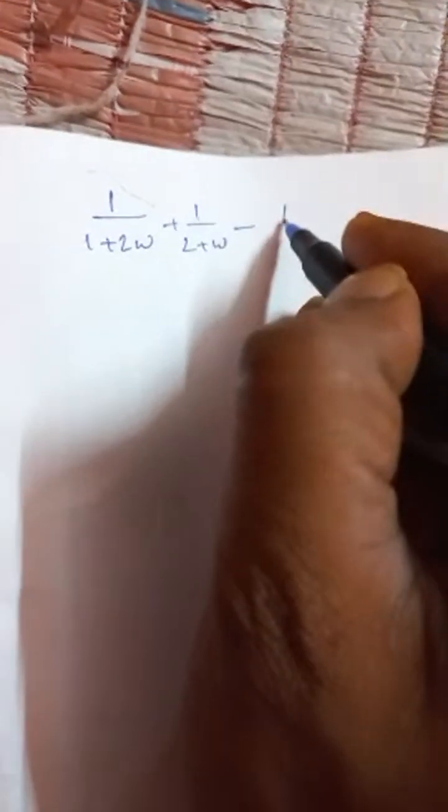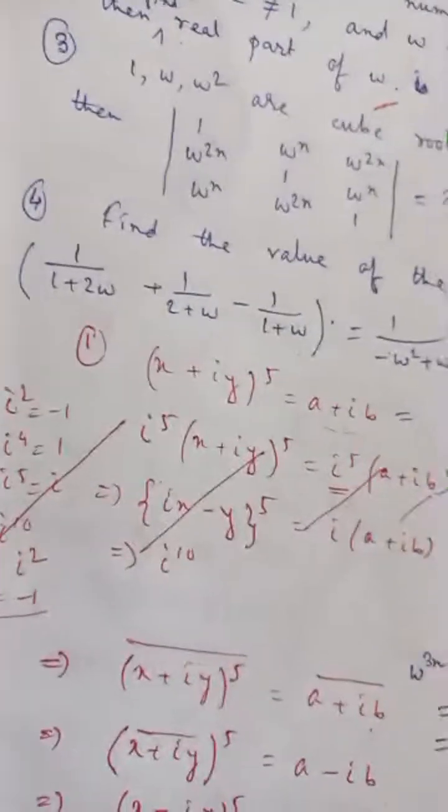So here you see 1 by 1 plus 2 omega, plus 1 by 2 plus omega, minus 1 by 1 plus omega.